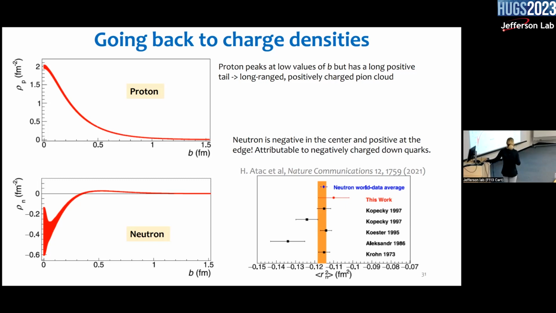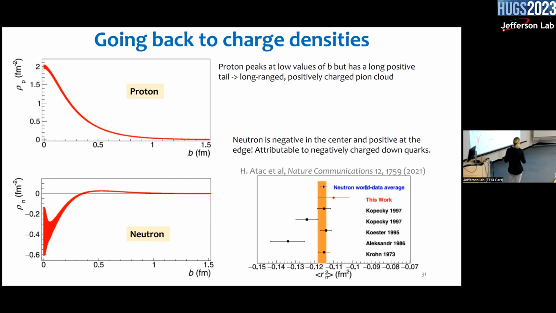Okay, but the neutron is really interesting, right? Because it's negative, and then it goes positive, and then it's got this long tail again. It's a little hard to see on this plot where it is above 0. The part above 0, you can think of as when the neutron is fluctuating into a proton with a pi minus, right?